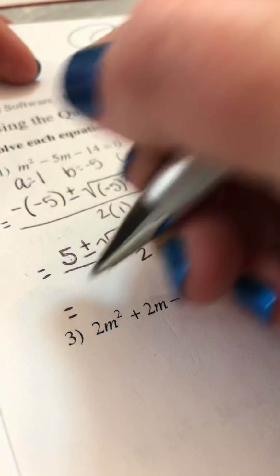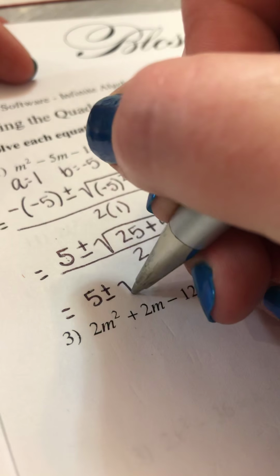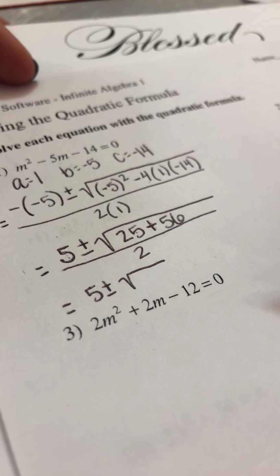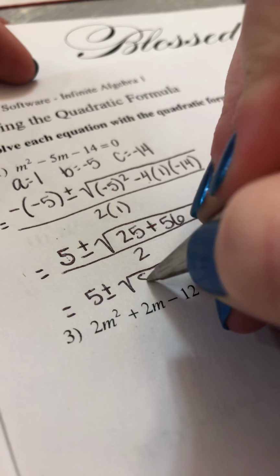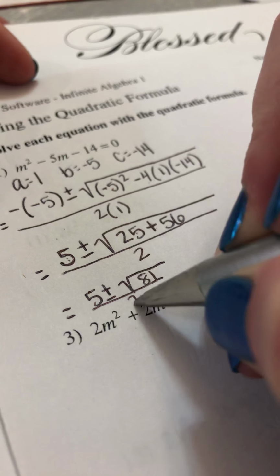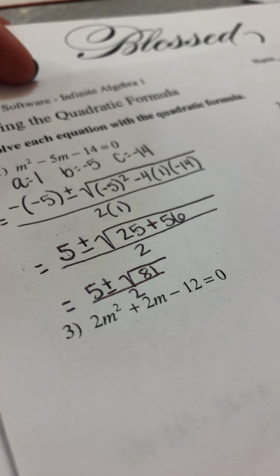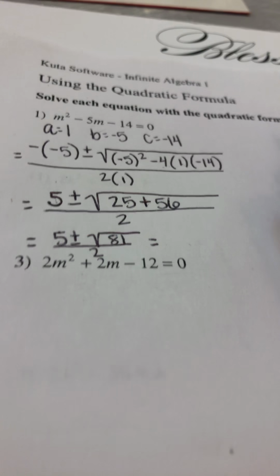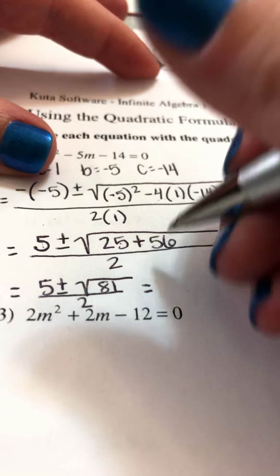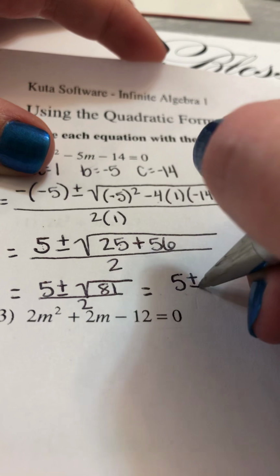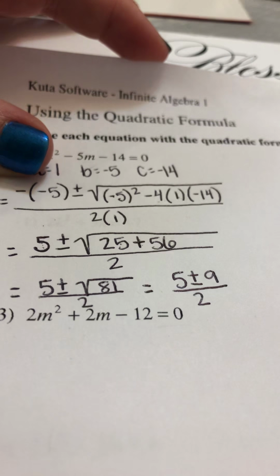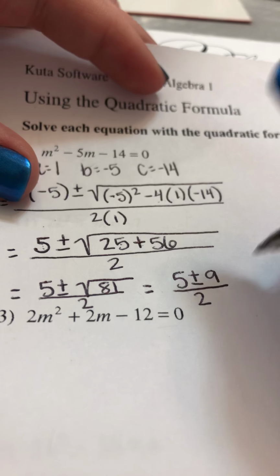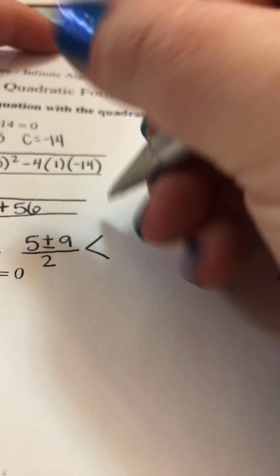Okay, now 5 plus or minus the square root of 25 plus 56 is 81, all over 2, which simplifies to 9. So this is 5 plus or minus 9 divided by 2. So then I can split this up, and the way I'll write it is like this.